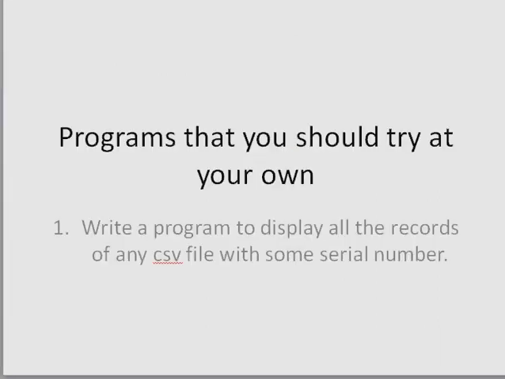Next question I asked in the previous video was, write a program to display all the records of any CSV file with some serial number. We need to show all records with some serial number. For that I am here showing the program.